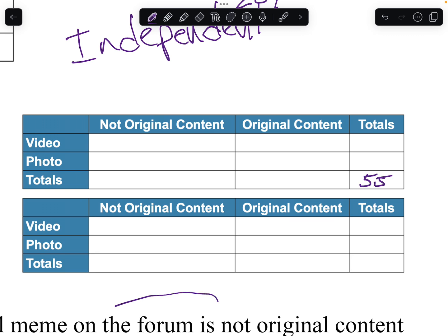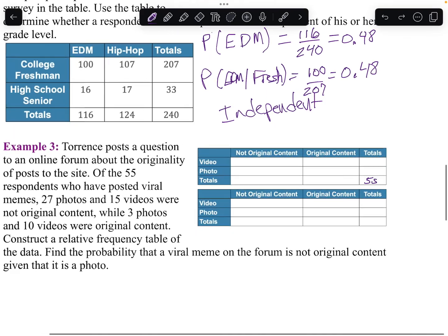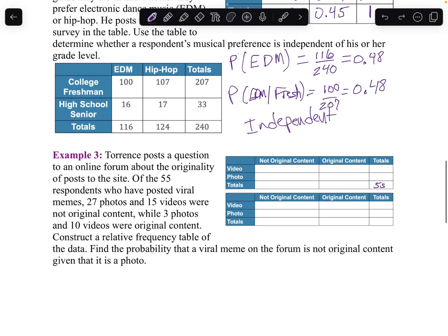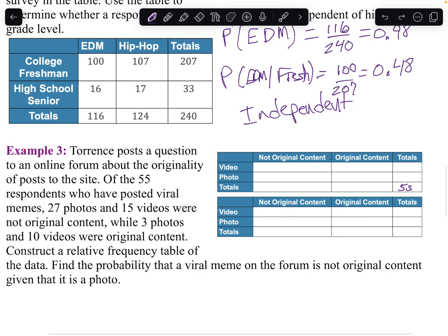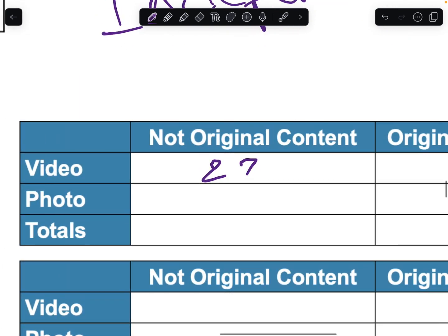And then 27 photos and 15 were not original content. So my original content column is going to be 27 and 15. So we have 42 are not original content.